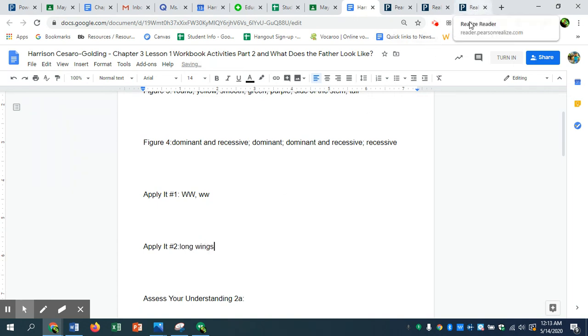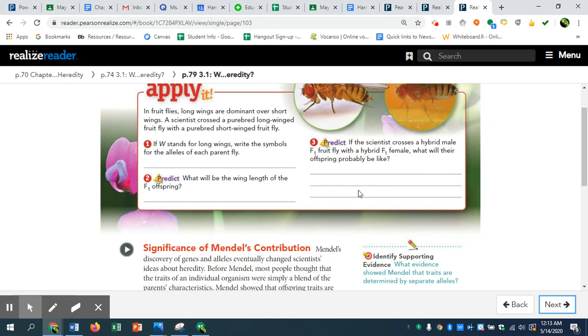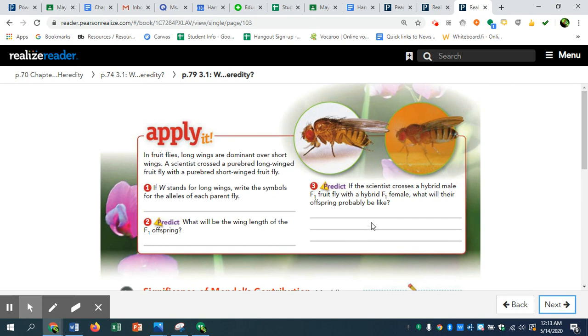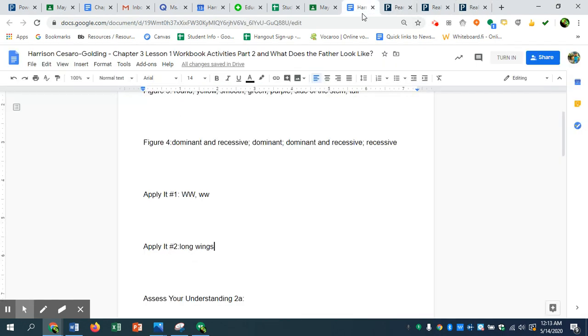Okay. You don't have to do number three. I'm still going to talk about it. It says if the scientist crosses a hybrid male F1 fruit fly with a hybrid female, what will their offspring look like? So what that means is, you don't have to write this down, but if you had a hybrid, so capital W, lowercase w, and capital W, lowercase w, okay, what would happen?